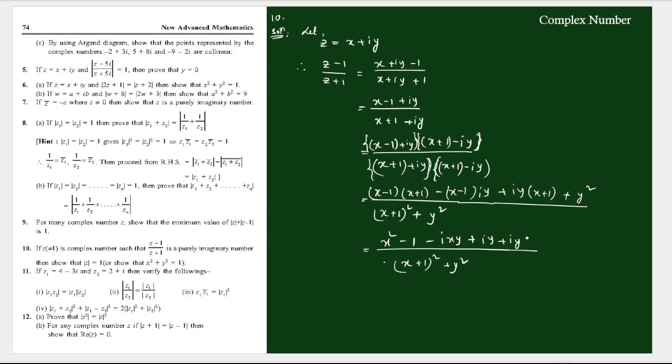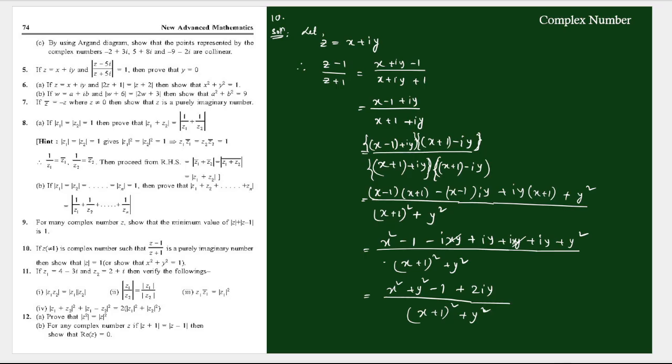Plus iy times x, plus ixy plus iy plus y square. ixy and ixy cancel out. Then you have x square plus y square minus 1. This is your real part. And here you will get plus 2iy. And then below, x plus 1 whole square plus y square.